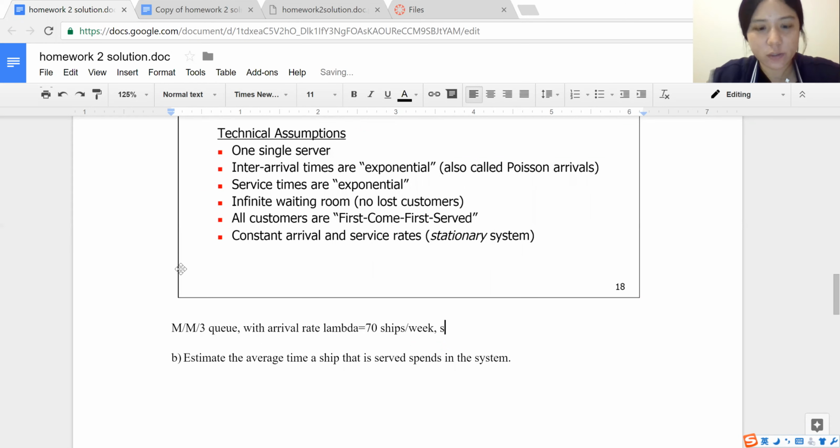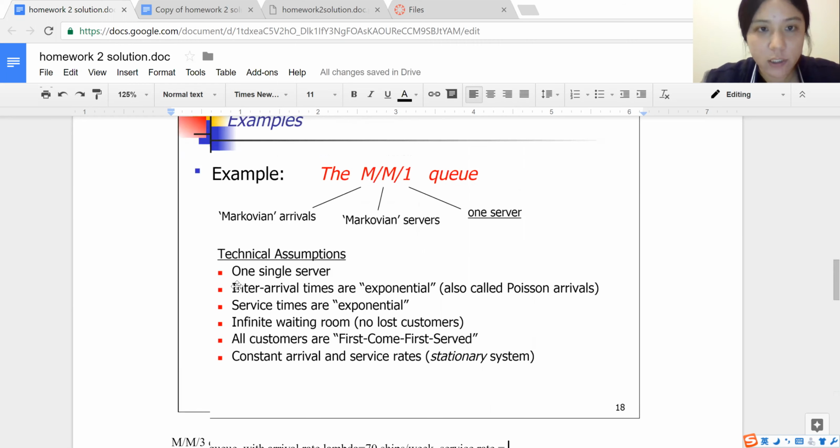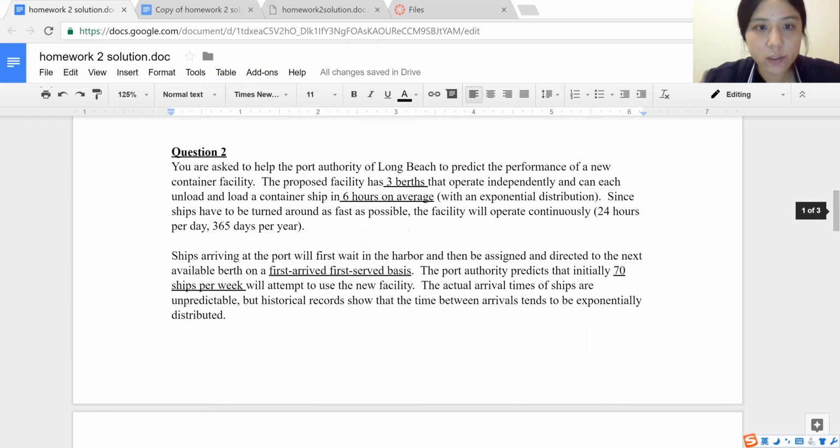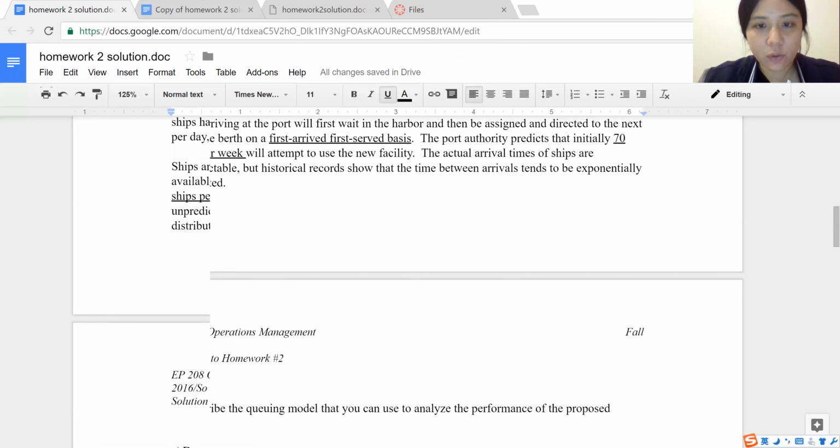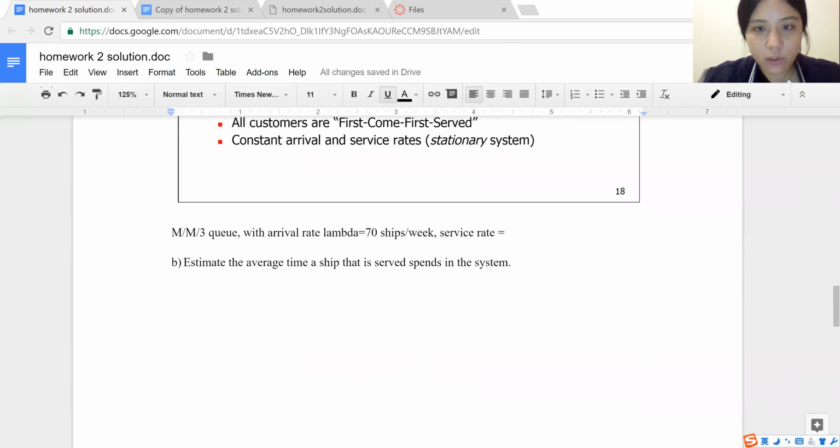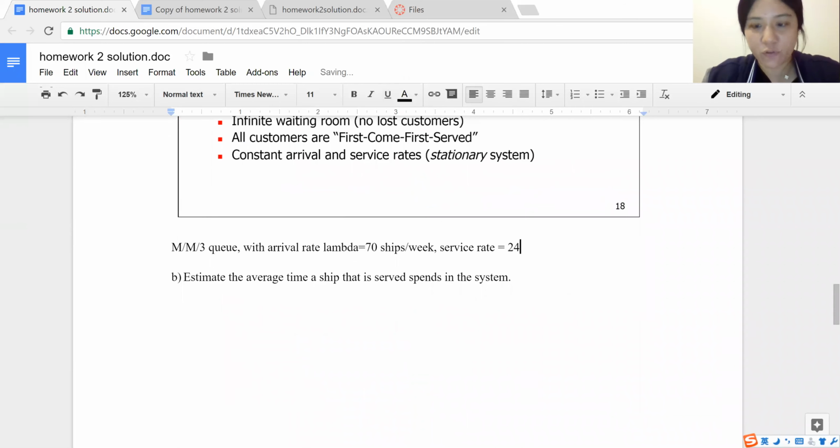And service rate equals, let's see. Since the ports can operate independently and each unloads and loads a container ship in 6 hours on average, and they operate 24 hours per day, they can serve 24 divided by 6 ships per day.